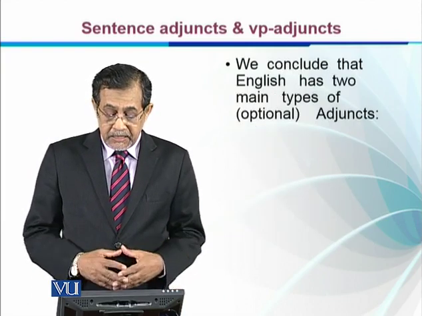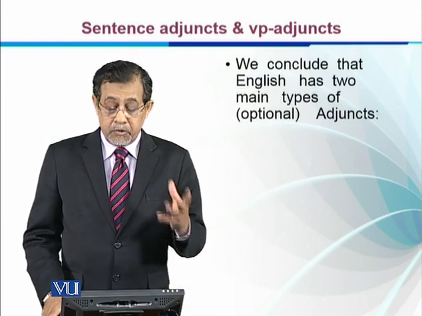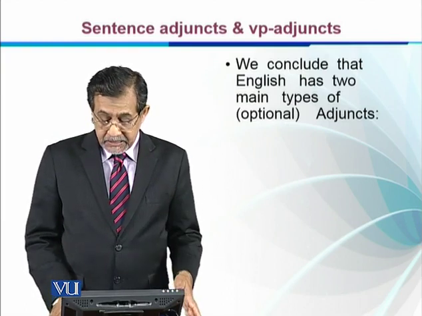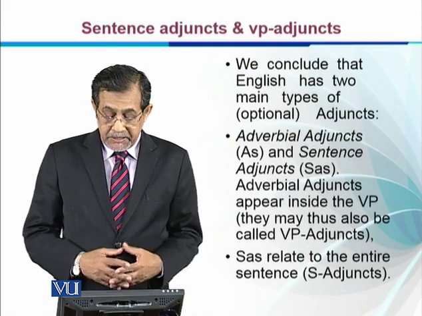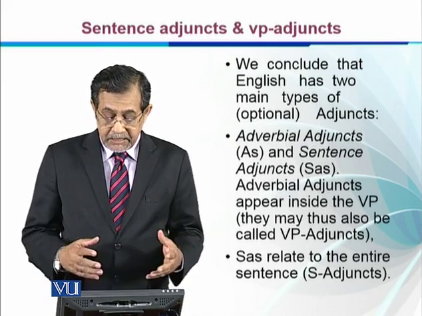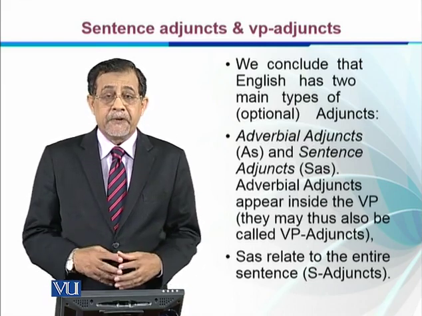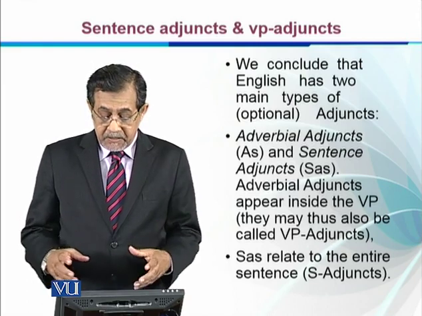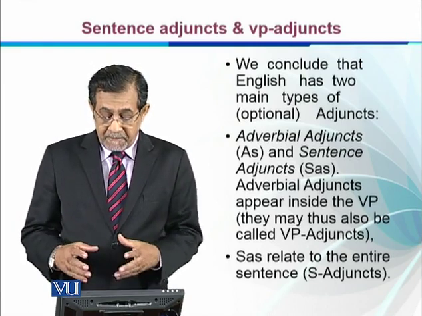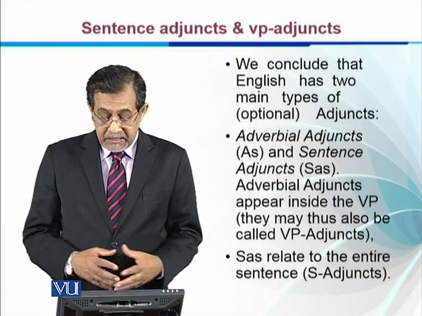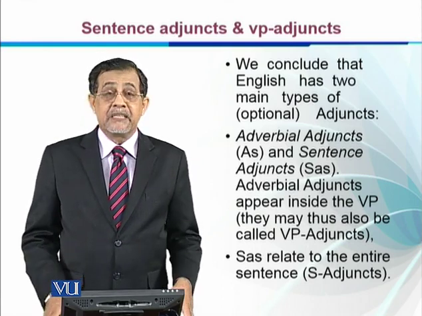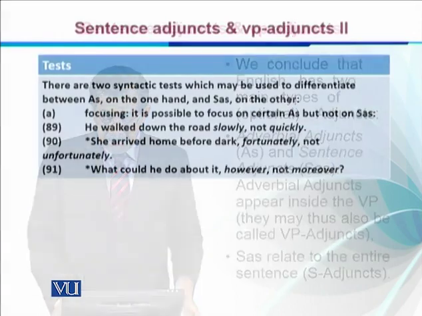We conclude that English has two main types of optional adjuncts: adverbial adjunct and sentence adjunct. Adverbial adjuncts appear inside the verb phrase. They may thus also be called VP-adjuncts, and sentence adjuncts relate to the entire sentence, or S-adjuncts.